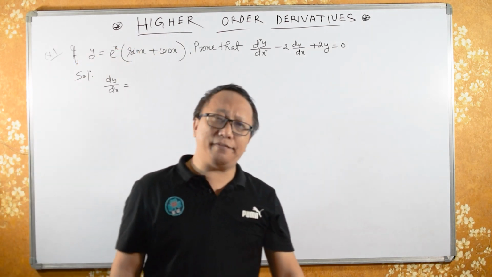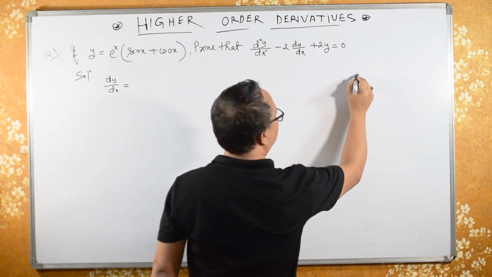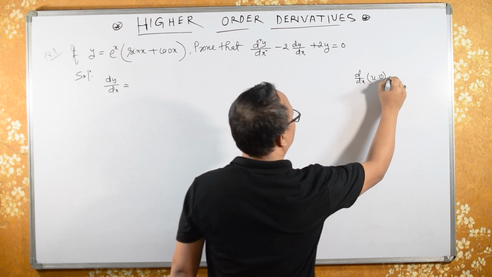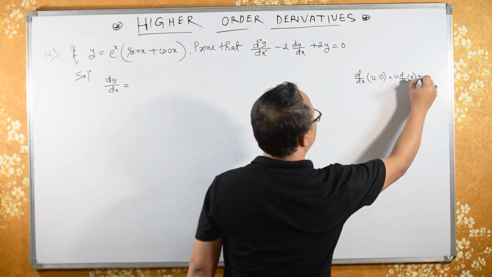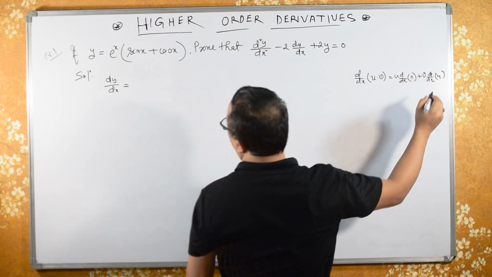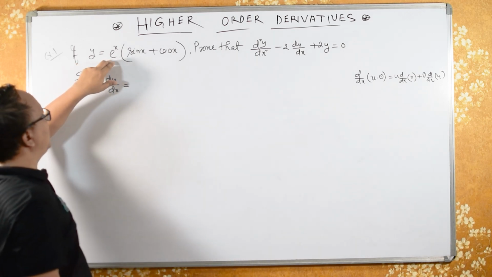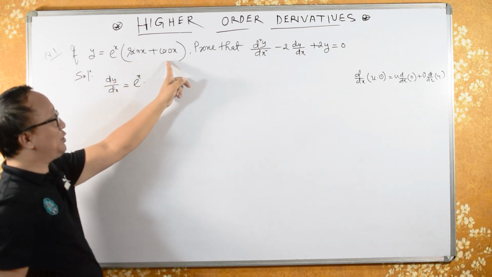In differentiation we have d by dx of u into v is u d by dx of v plus v d by dx of u. Applying this formula, let's consider this as u, keeping as it is, differentiating this with respect to x.